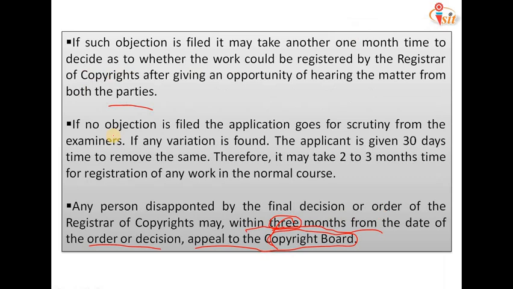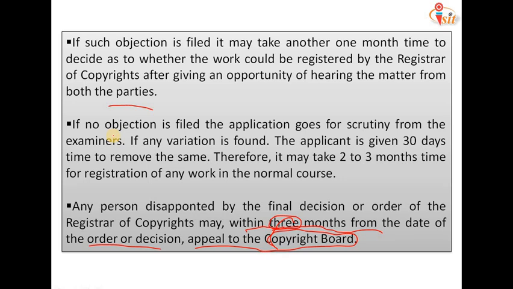If such an objection is filed, then the Registrar of Copyrights will hear both the parties, and if no objection comes, then the application is scrutinized by the examiners, and if they find some discrepancy, they give one more 30 days to the applicant to remove it or amend the application.